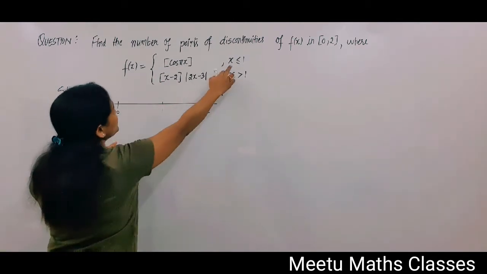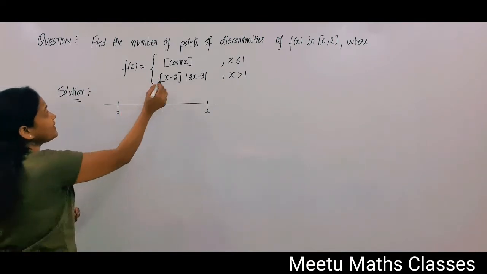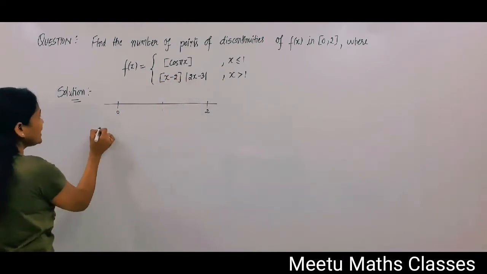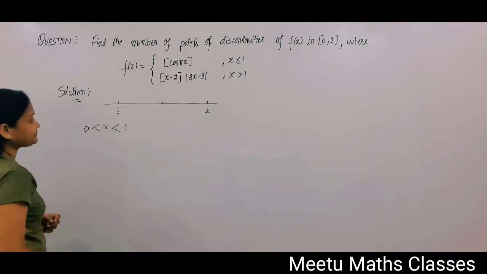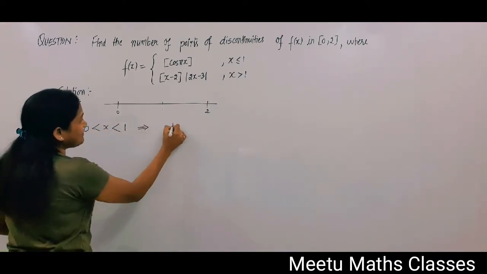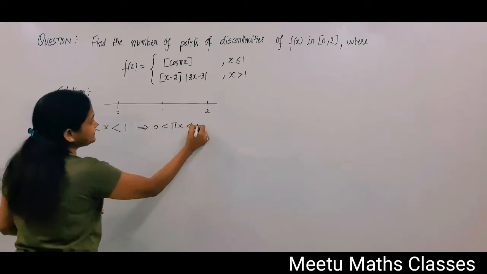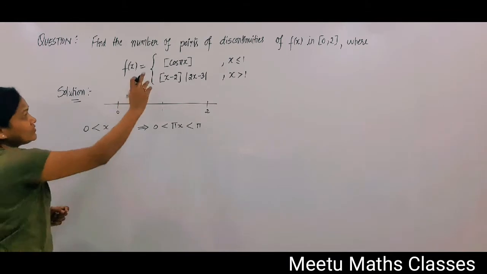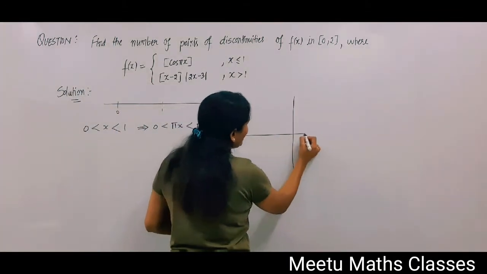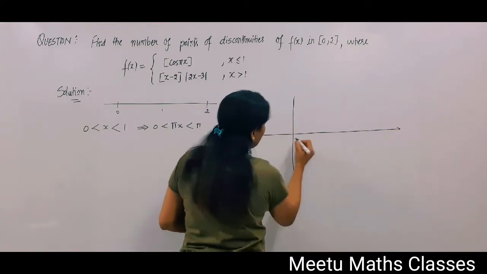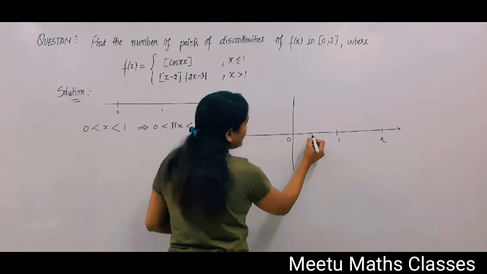In between 0 to 1, your function definition is the greatest integer function of cos(πx). Now, when x is lying between 0 to 1, your πx must lie in between 0 to π. So, cos(πx) can be drawn like this between 0 to 1.